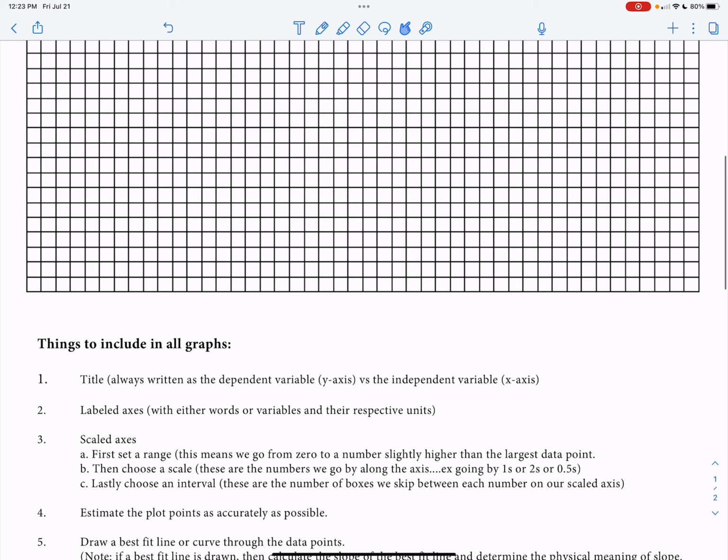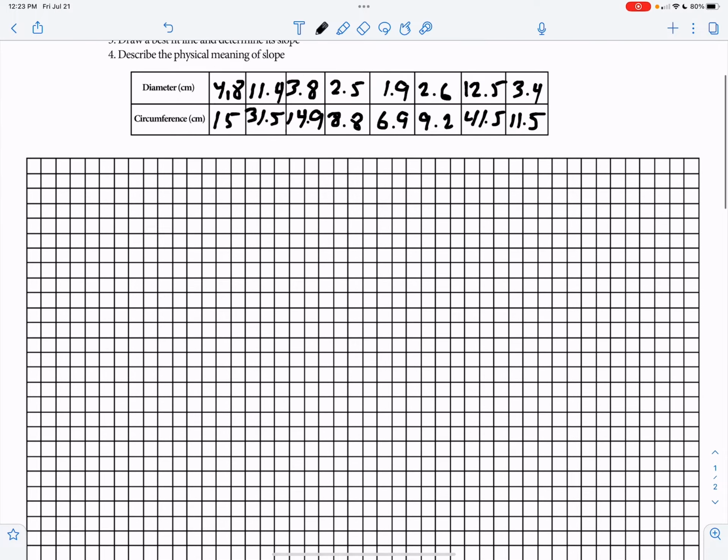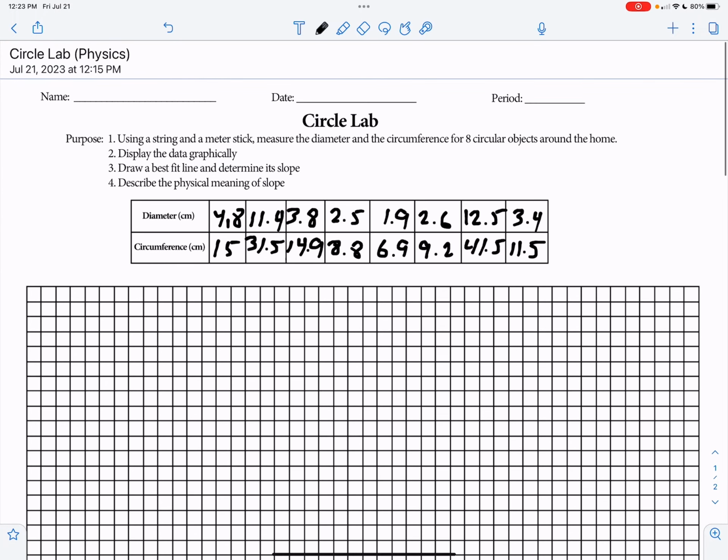Okay, now the first thing we're actually going to do is come up with a title. The title is always written as the dependent variable on the y-axis versus the independent variable on the x-axis. So in this case, the dependent variable was the circumference. Circumference, in other words, depends on how wide the circle is.